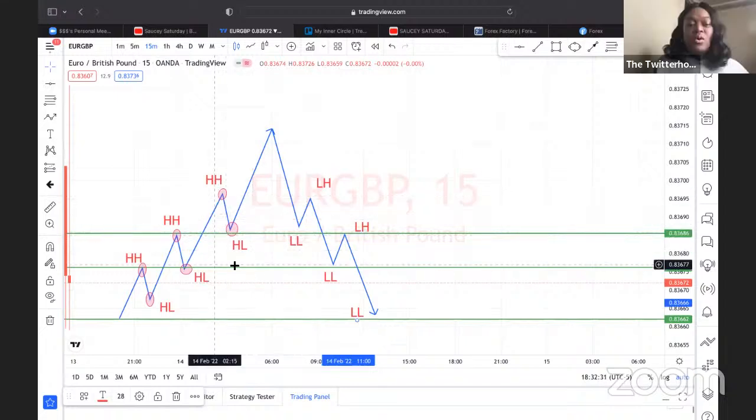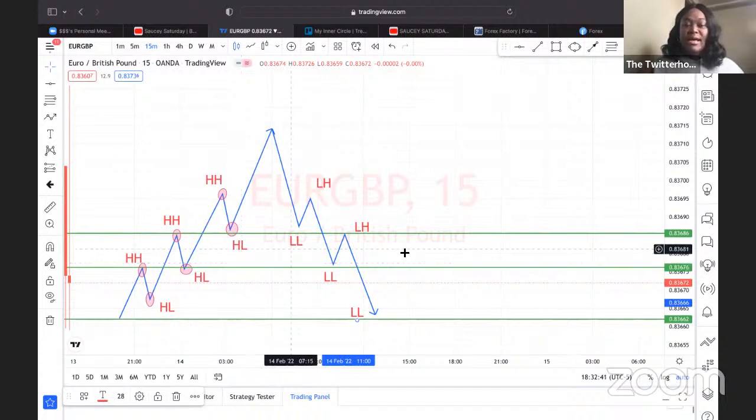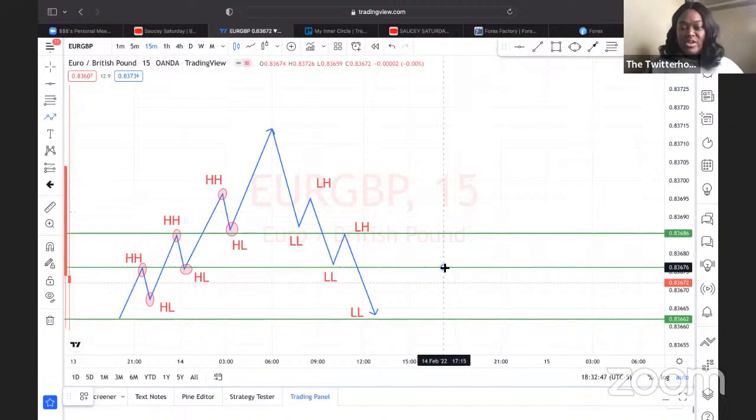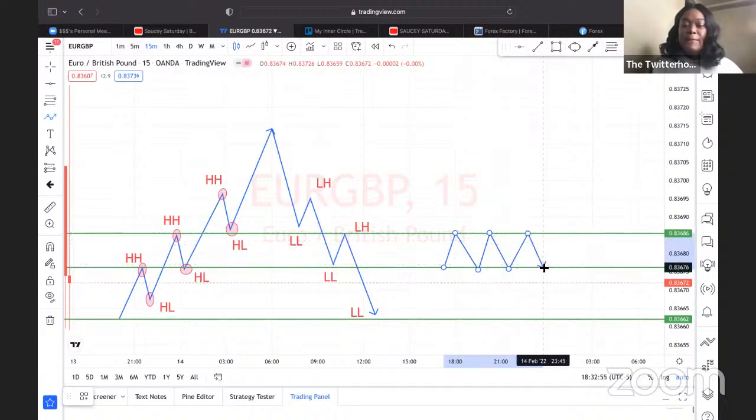Right? So one thing that I've learned when dealing with an uptrend, you want to buy the ceiling of an uptrend. I know that there are people who trade this way, right? They trade the consolidation, but we don't want to trade the consolidation.